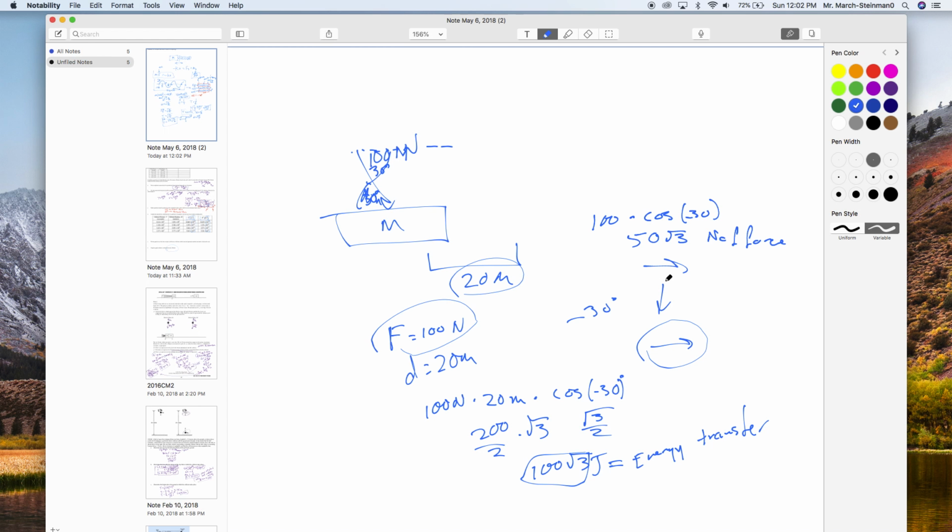And the rest of my force is going downward. That would contribute maybe to a frictional force or something like that, and we can do more complicated problems related to that idea.